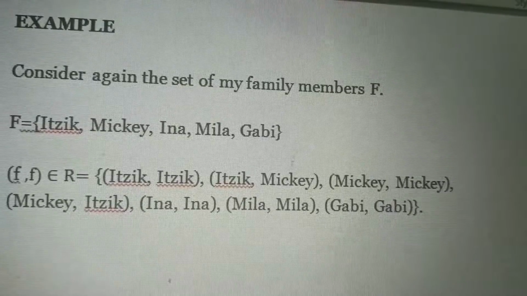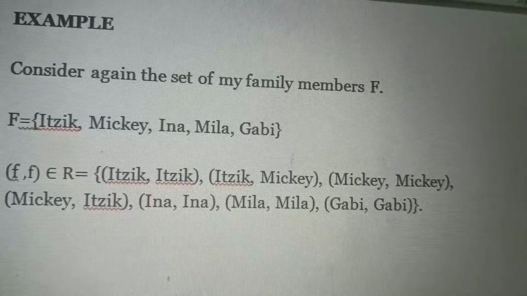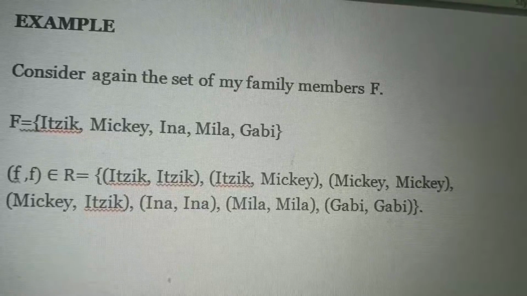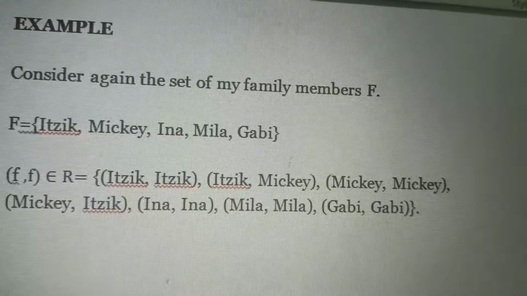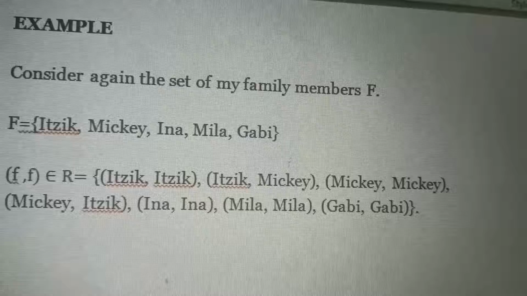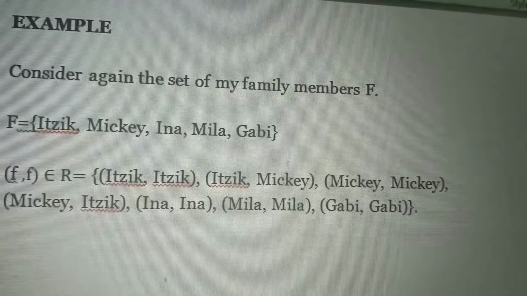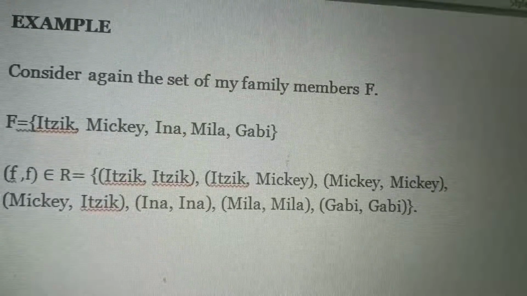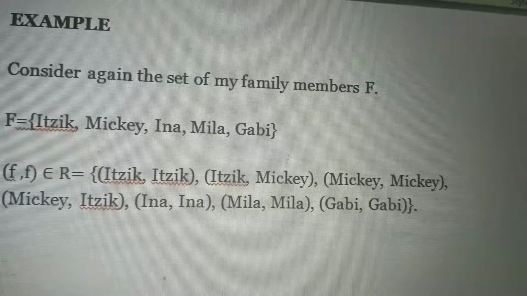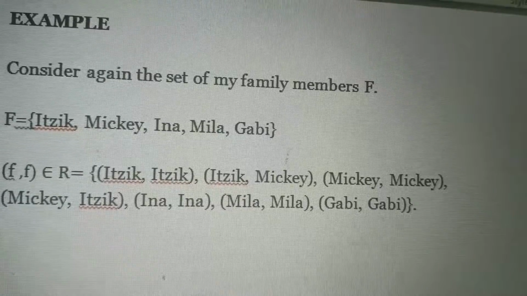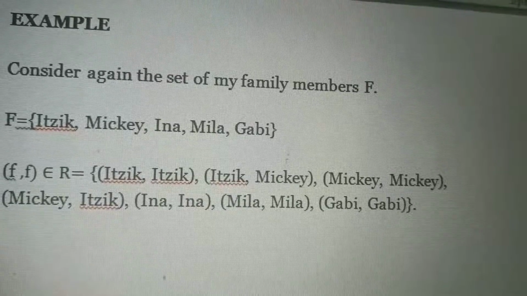Kung susundin natin yung rule na x should be less than or equal to y, makukuha natin yung value ng R as (Cedrick, Cedrick), (Cedrick, Mickey), (Mickey, Mickey), (Mickey, Cedrick), (Ina, Ina), (Mila, Mila), and (Gavin, Gavin).